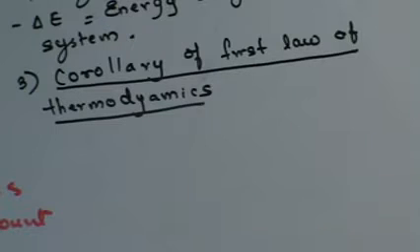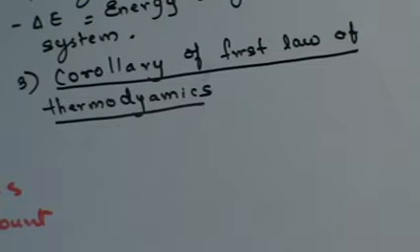Now the corollary for the first law of thermodynamics is that mechanical energy of work can be quantitatively converted into heat energy. The first law of thermodynamics says that energy is converted into work. The corollary says that work can be converted into energy.